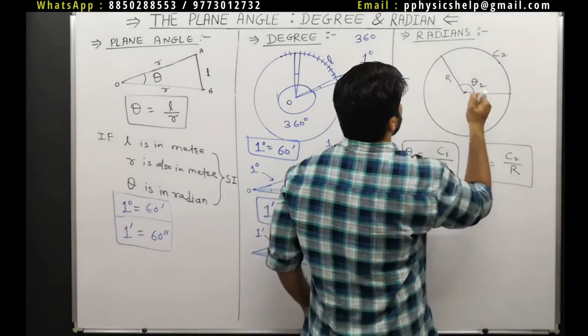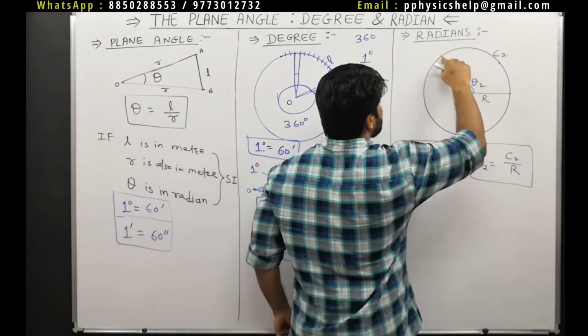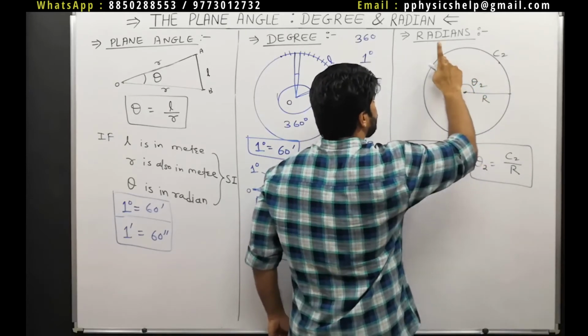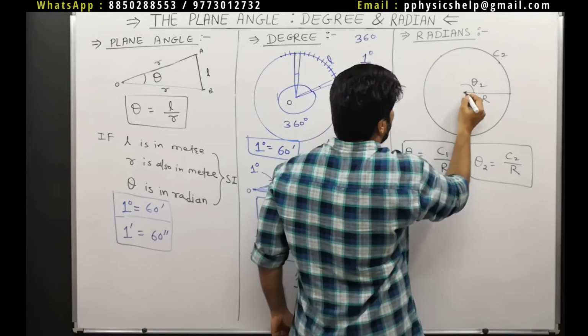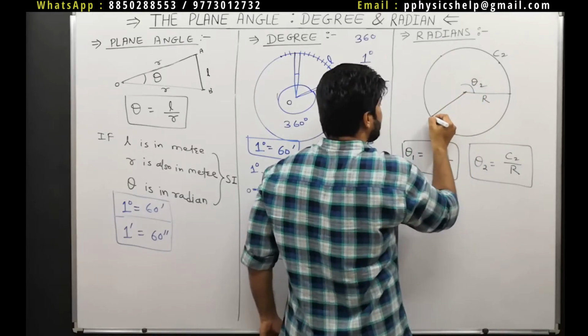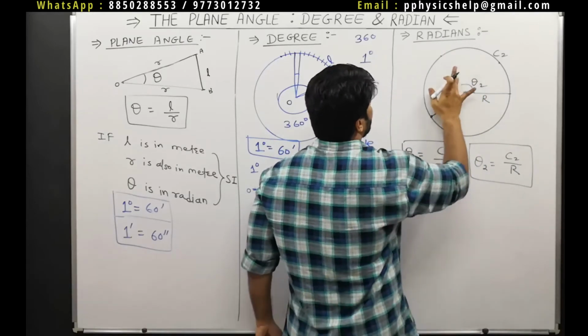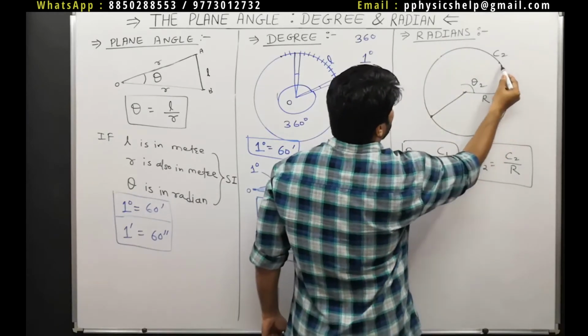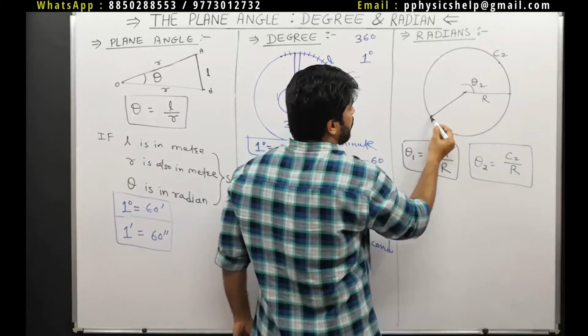Now let's move on. Again I will increase the length of the arc. Let's say it is somewhere here. Now you can see the arc has a bigger length up to this point.